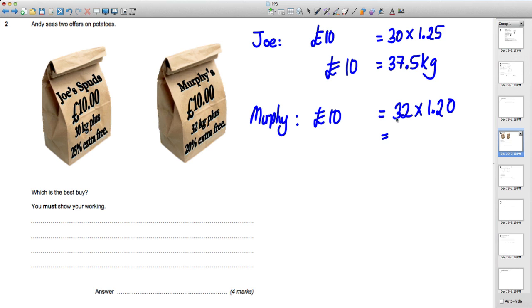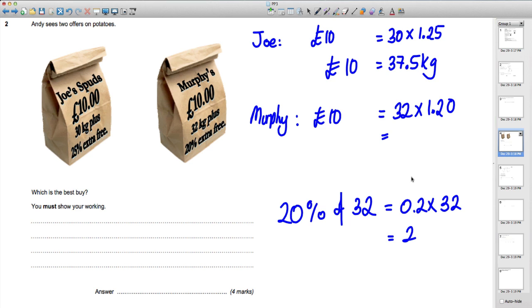If you want to work out 20% of 32, it's the same thing as 0.2 multiplied by 32, which is the same thing as if I make that a 2, times that by 10, I would divide the answer by 10. It must be that to balance it out. So therefore it would be 6.4.